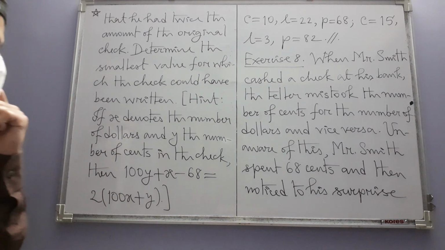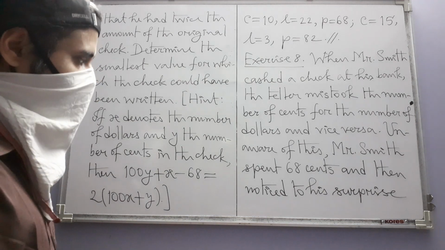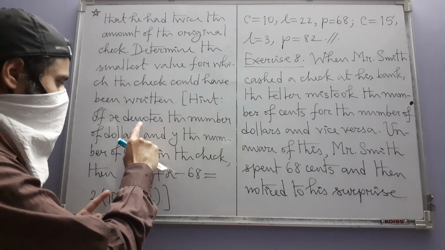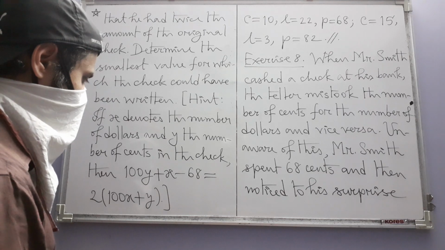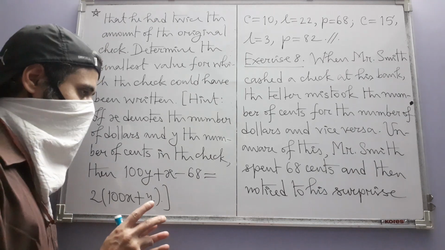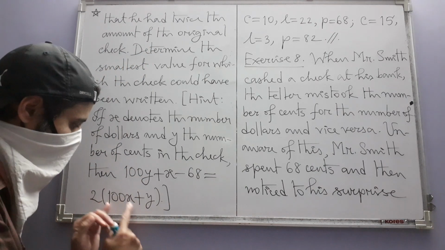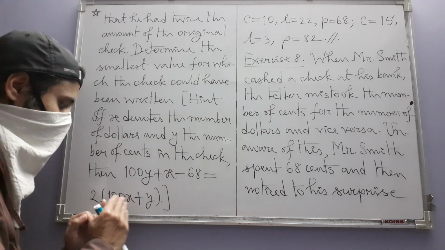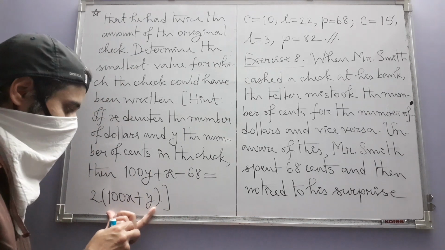But why? That's because if Mr. Smith actually wrote X dollars and Y cents, what is the total number of cents? X dollars means 100X cents plus Y cents already has been written. So the total number of cents that the check has written on it is this.